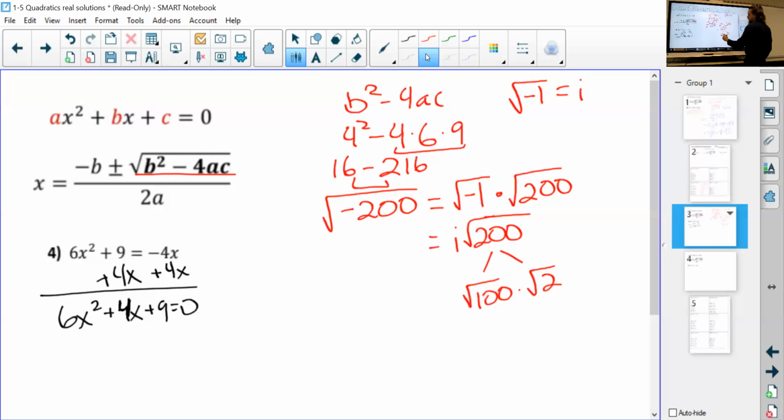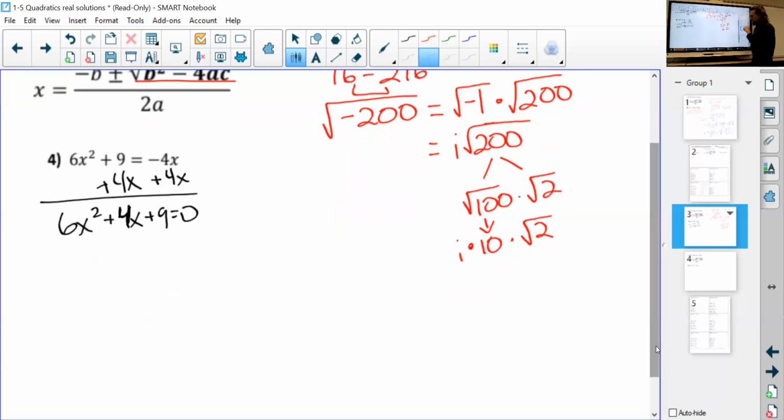And then the square root of 100 is just 10. So we have 10 times the square root of 2, and then we bring this i down. So it's i times 10 times the square root of 2. Or to rewrite this, always put the number first and then i, and the square root of 2.